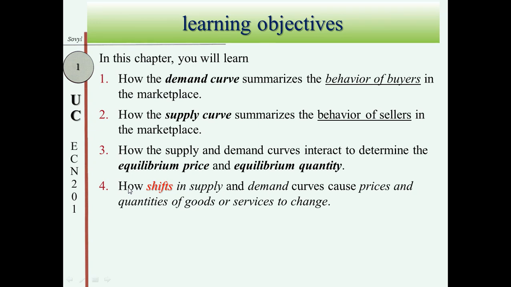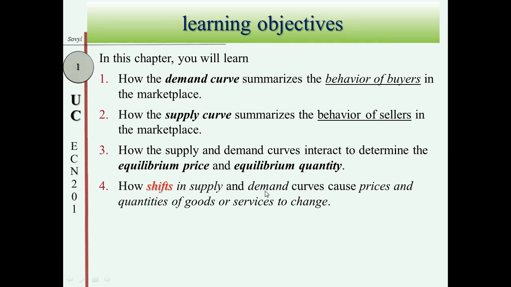4. How moves in the demand curve or supply curve cause the prices and the quantities of goods and services to change. Shifts mean move. Okay, move. So when the supply curve moves, it could move to the right hand side, it could move to the left hand side. Demand as well. Demand can move to the right hand side, move to the left hand side.